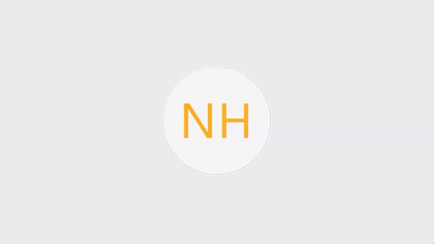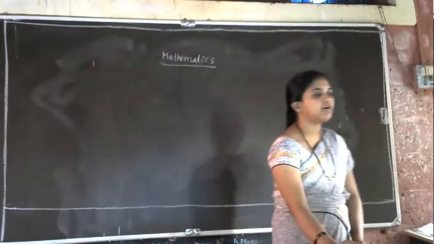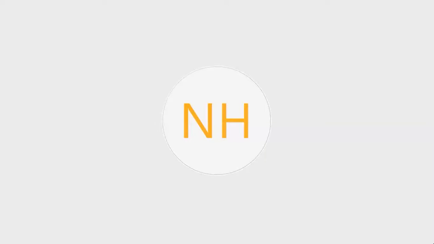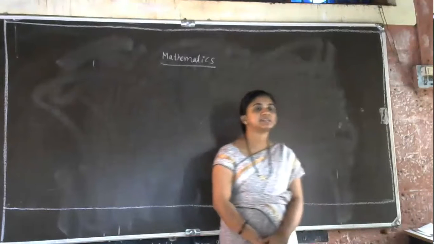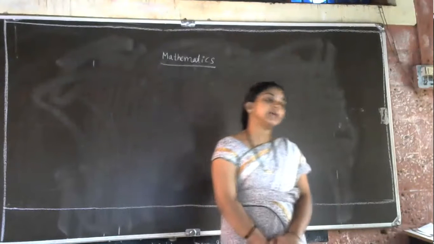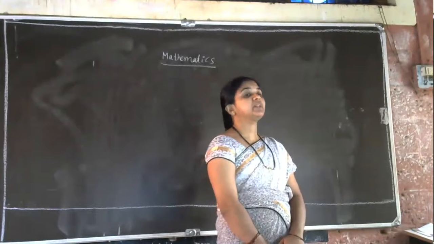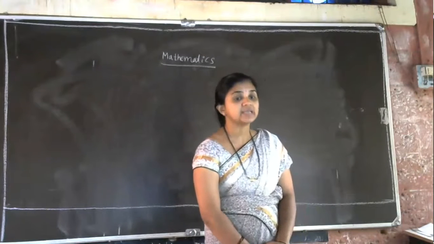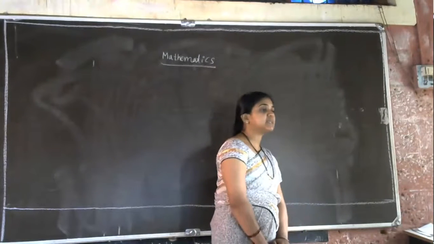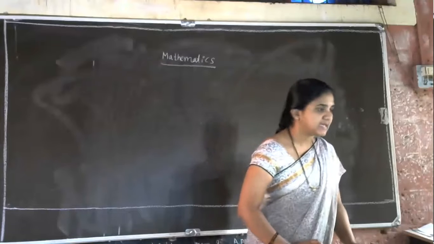Very good. If in two triangles the corresponding sides are in proportion, then they are equiangular, and the two triangles are said to be similar. This is called SSS similarity criteria.